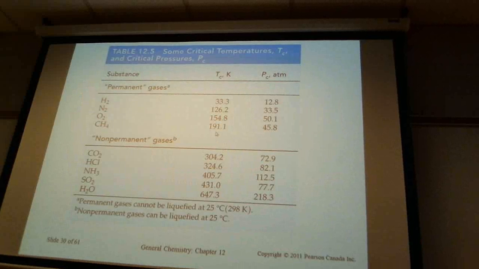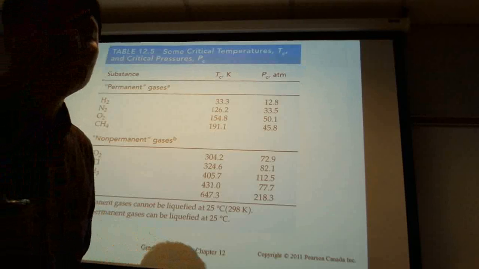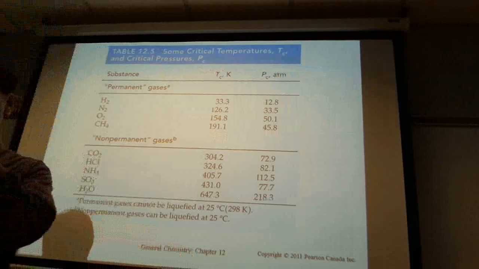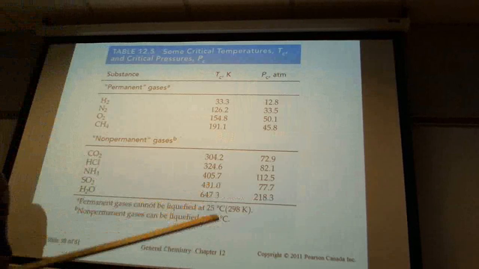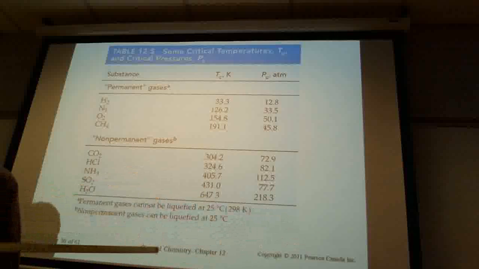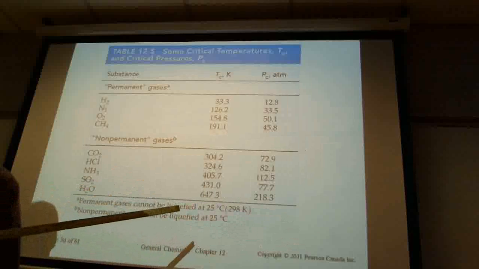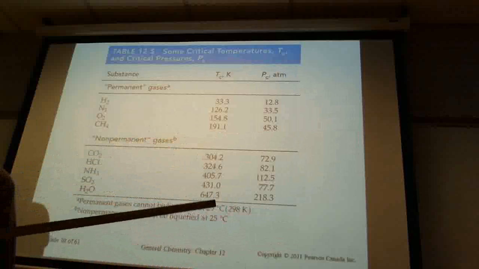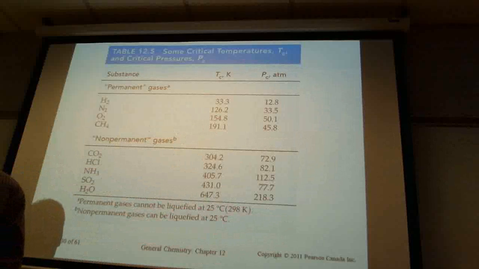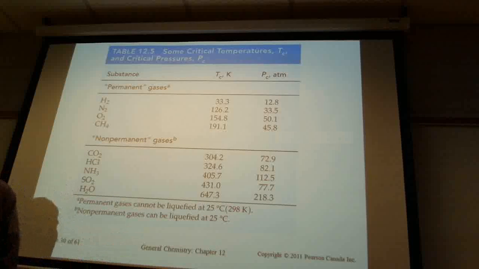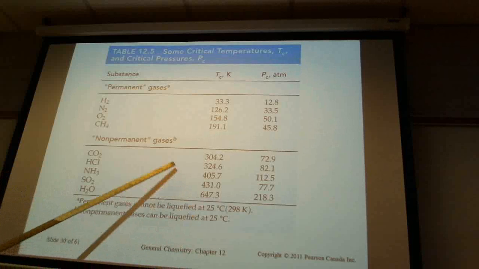Here are some uses of supercritical fluids: decaffeinating coffee beans, dry cleaning with CO2. CO2 is nonpolar, so if you have dirt or grease, the supercritical CO2 is like washing it, and then you release the pressure and it just evaporates completely.